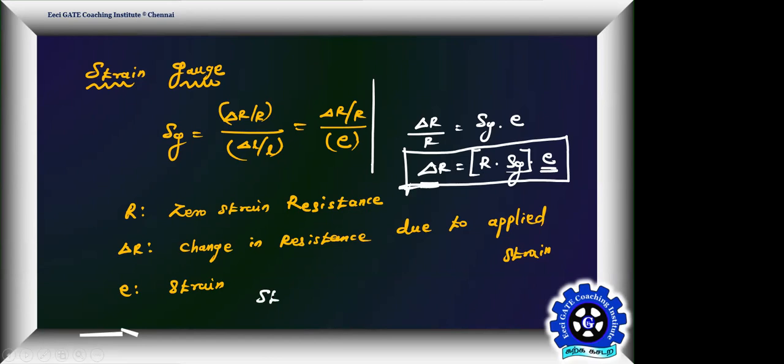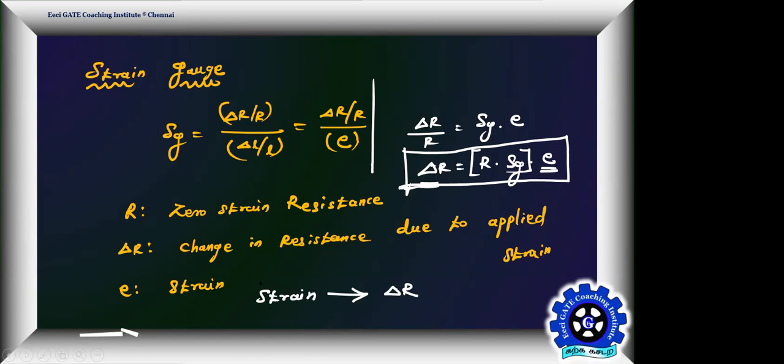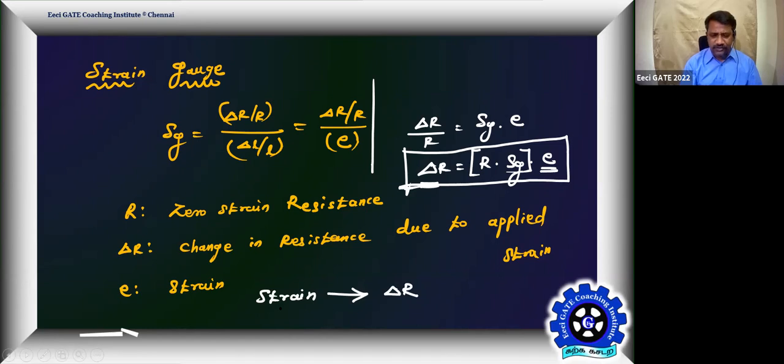So what strain gauges are doing is sensing the strain and converting that into change in resistance. Simple. Yes or no? Yes, sir. A strain gauge is a sensor sensing the strain E and then simply converting that into change in resistance through the gauge factor SG or G.F. Sometimes they will mention G.F., sometimes they will mention SG. Okay, fine.